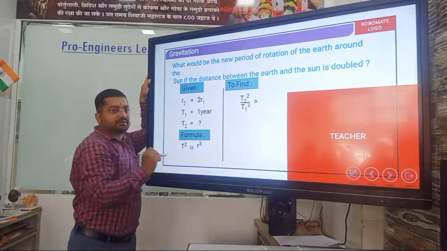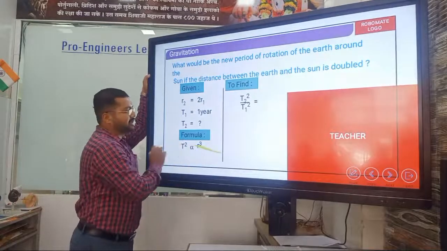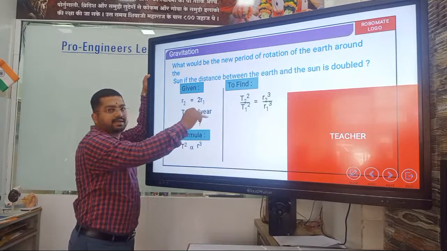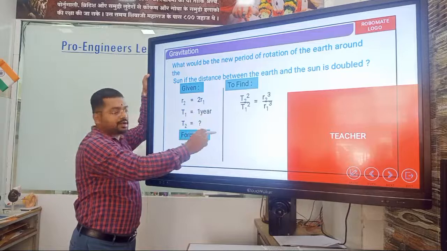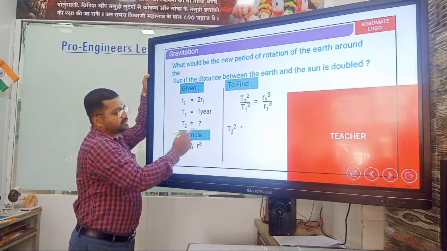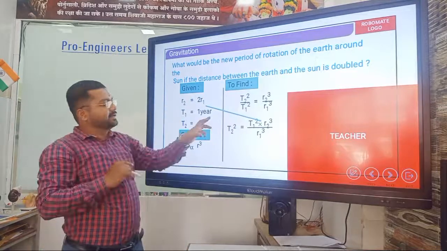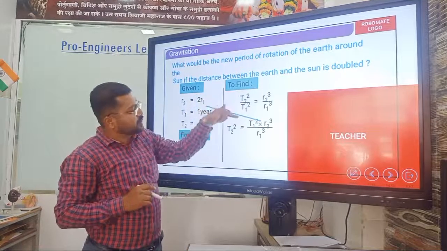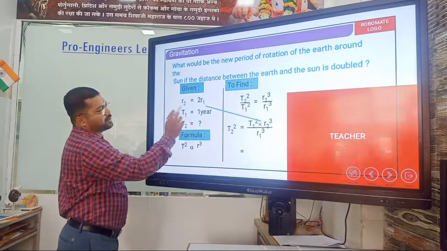So what we have to find? T2 square by T1 square. If we compare these two, it means we are comparing R2 and R1 also, right? So taking this T1 square on that side, we have the value of R2 as 2R1.